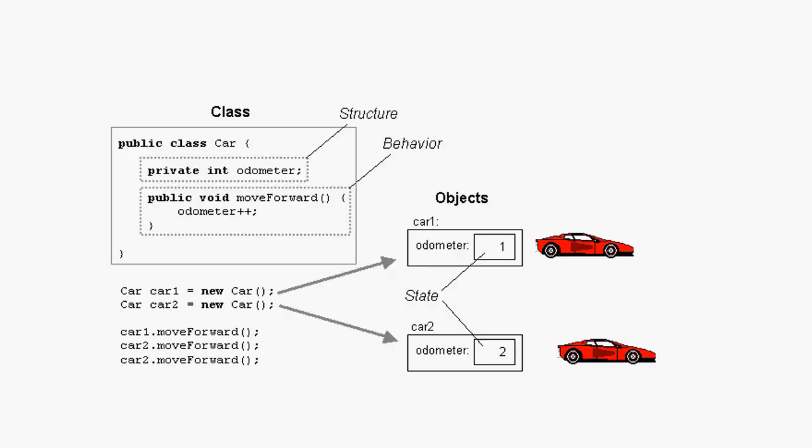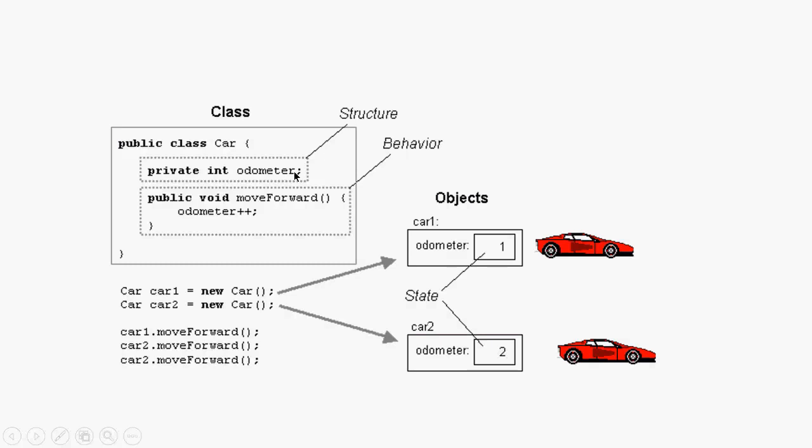Next, coming to the anatomy of a class. Here we declared a class. Inside the class we have members. That member, we generally call state. We could call it state or structure, but we generally say state.